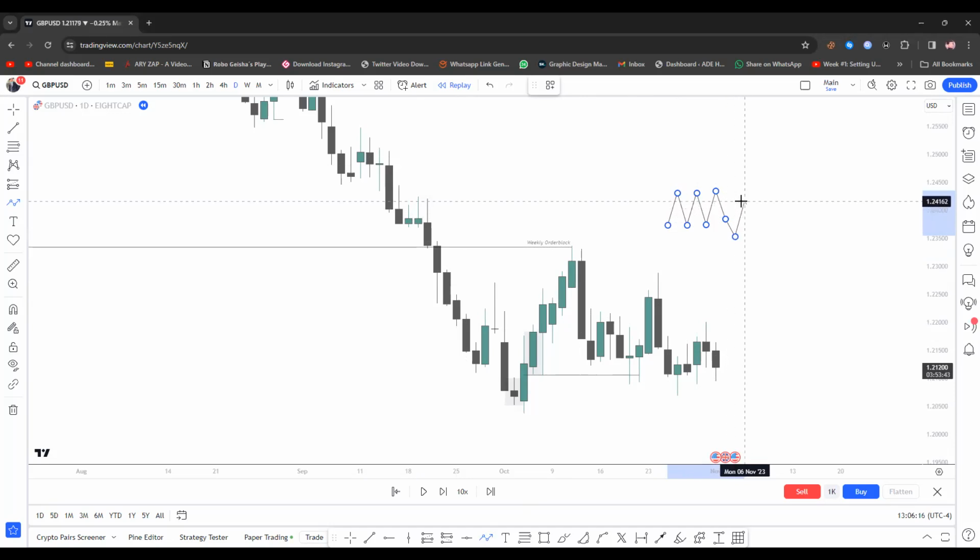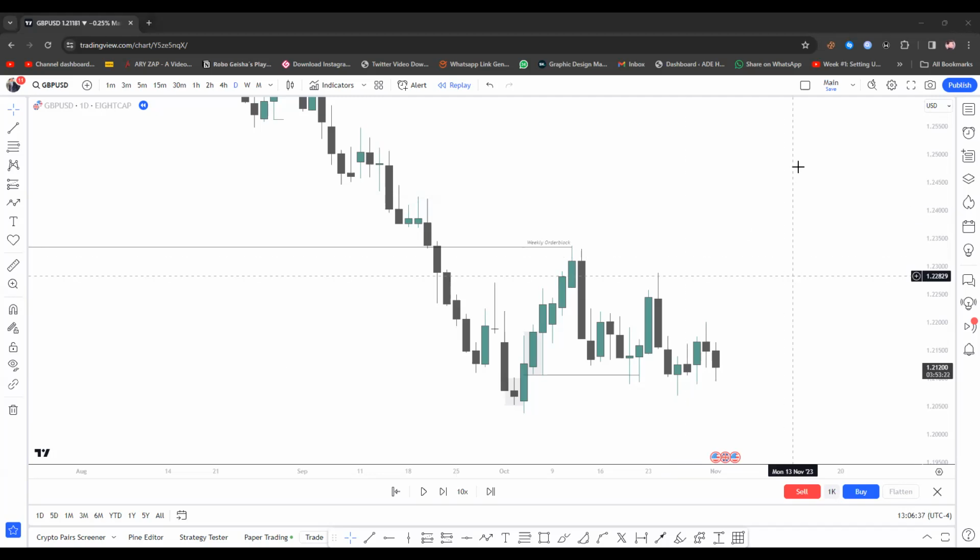Then we see a manipulation above the Asian high or below the Asian low, and then we see a run to the opposite side. So that's why I don't think it's going to work on the other pairs, okay? But I haven't tested it out, so I can't really say anything about that. It's just what I think about it.